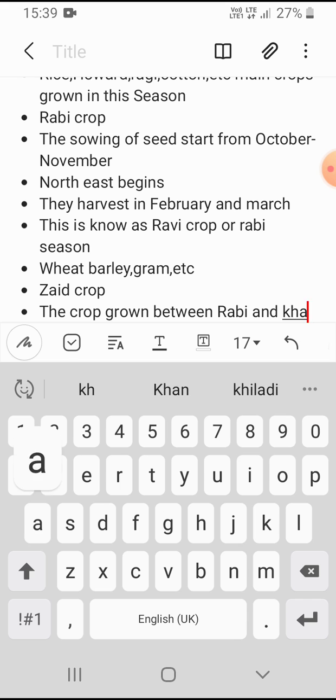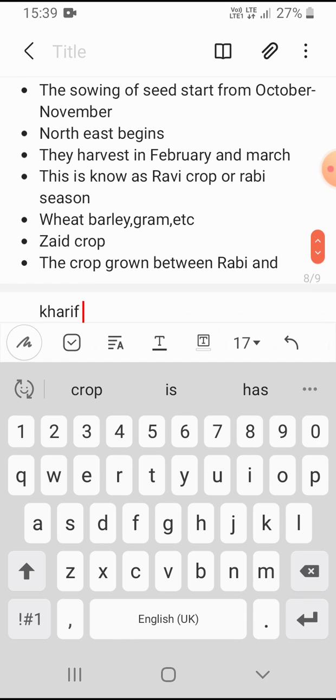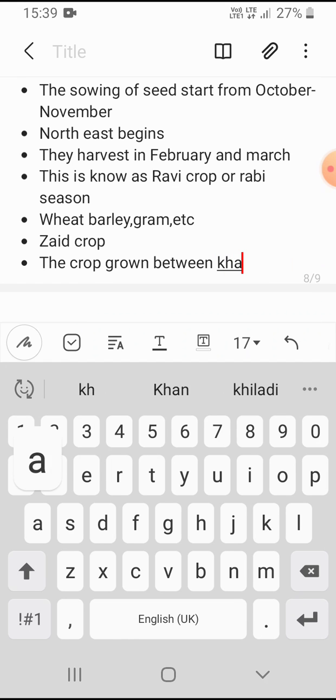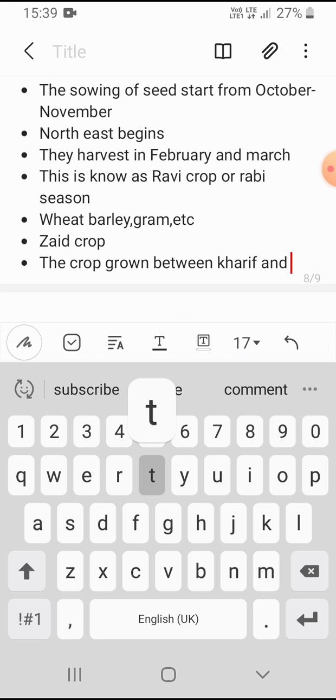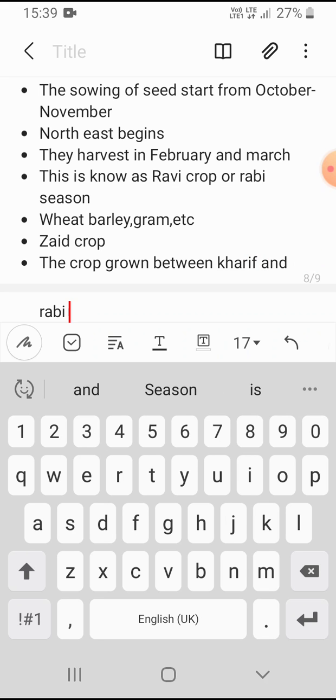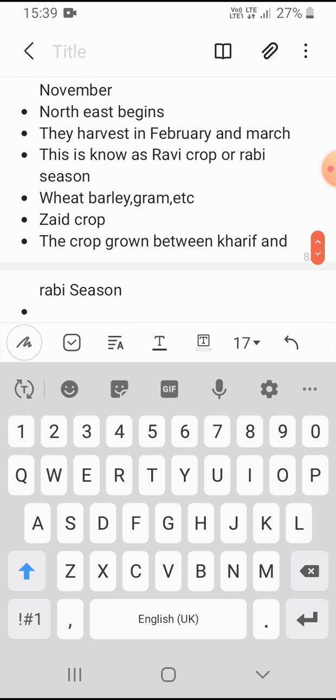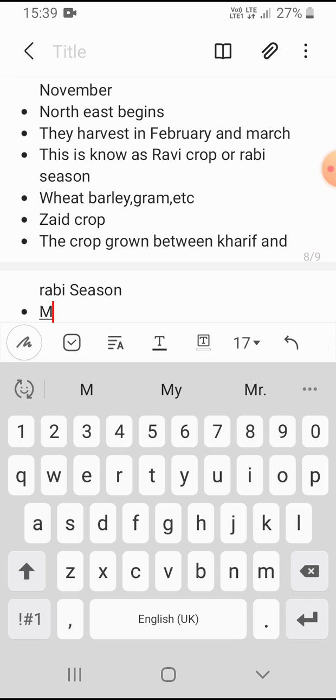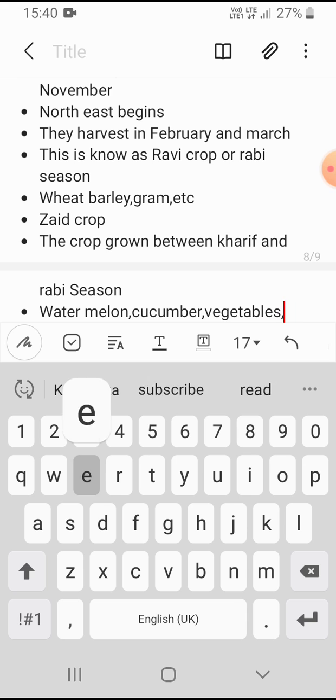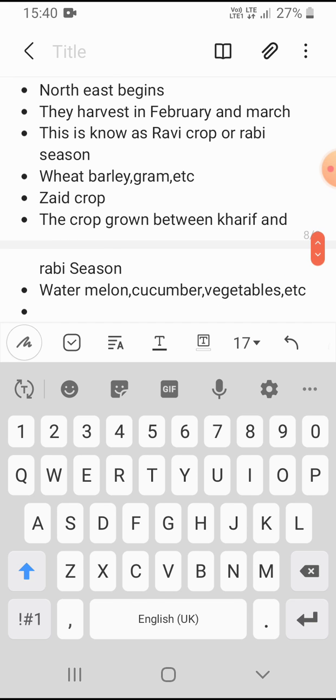The crop grown in this season is called Zaid crop, and the crops grown are watermelon, cucumber, vegetables, and some other things.